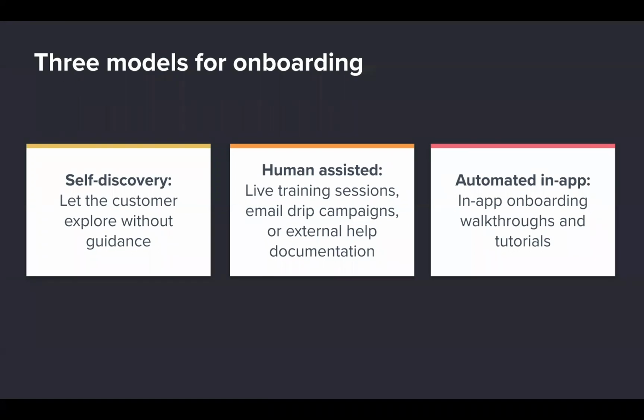The third one, which we're excited to talk to you about today, is the automated in-app onboarding. This is placing in-app resources throughout your application that can leverage both of the other 2 models.